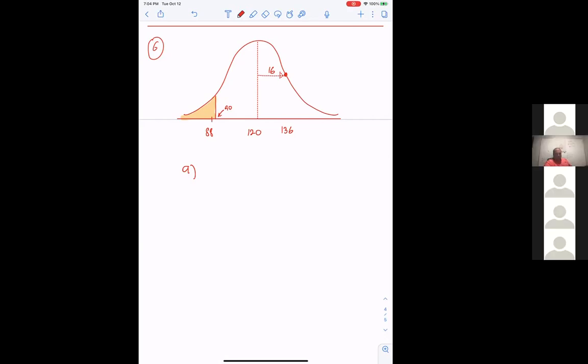So B. Okay, so a randomly chosen so-and-so. B. Estimate this probability. What percent is that approximately? And let's do it as best we can by the 68, 95, 99.7 rule.